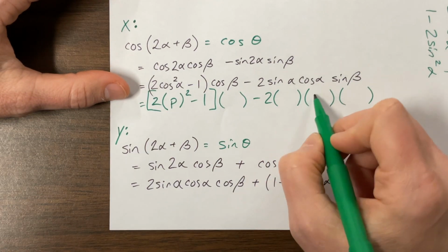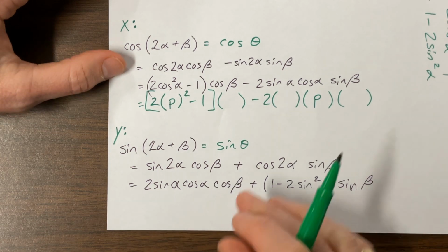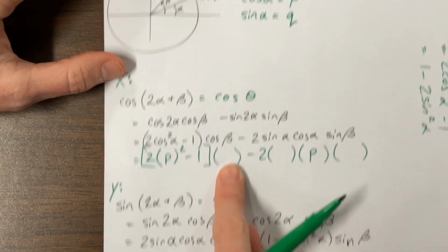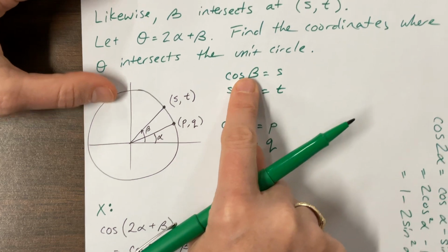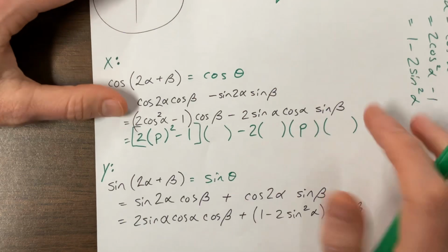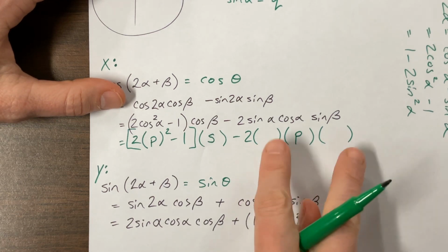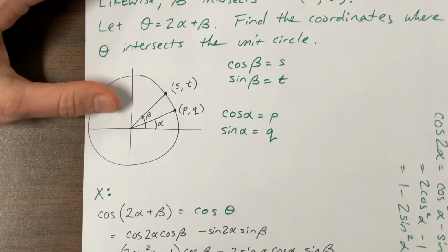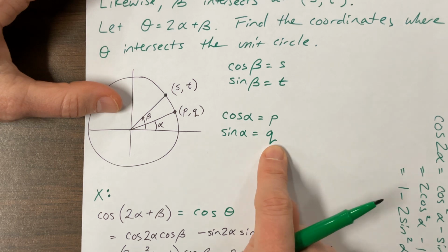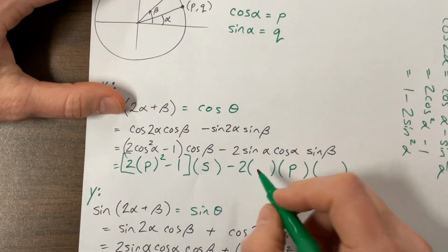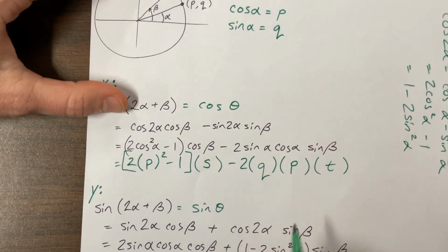Do I have another cosine? Here's another cosine alpha, and so I can plug in that p. Then I have a cosine beta. If you look right here, cosine beta is s. And now I need sine alpha and sine beta. Well, sine alpha is q, sine beta is t, sine alpha is q, sine beta is t.